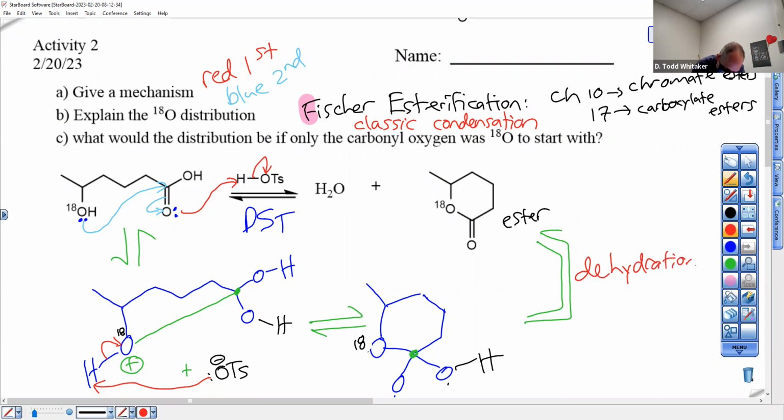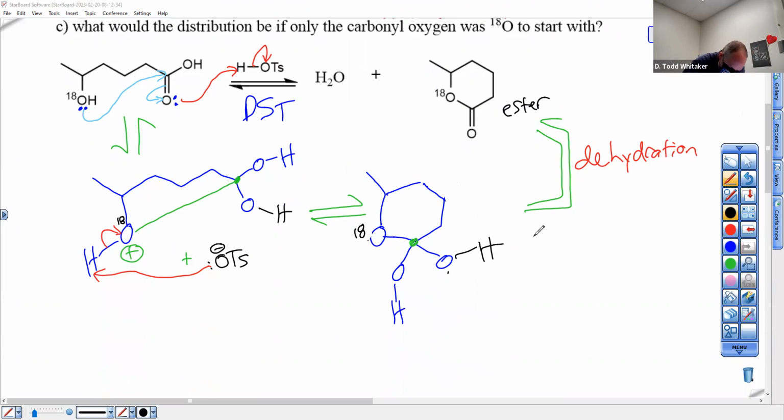And the dehydration step must be catalyzed by an acid and its conjugate partner. And the conjugate partner is going to remove the H from one of the alcohols. And the acid's going to make the other one a better leaving group. That would happen first, wouldn't it?